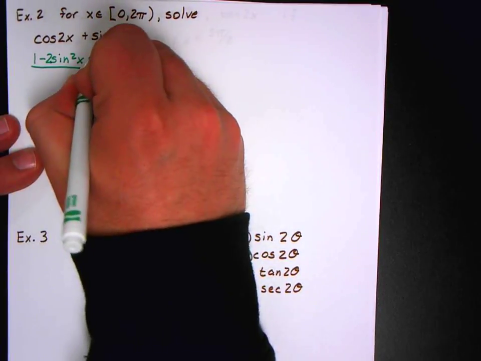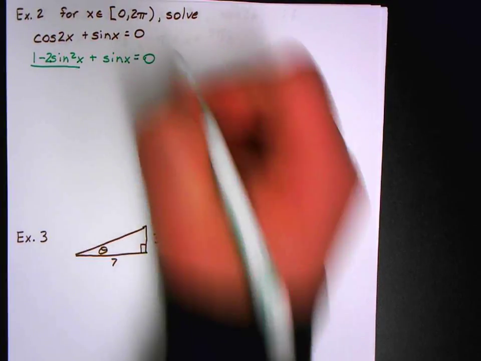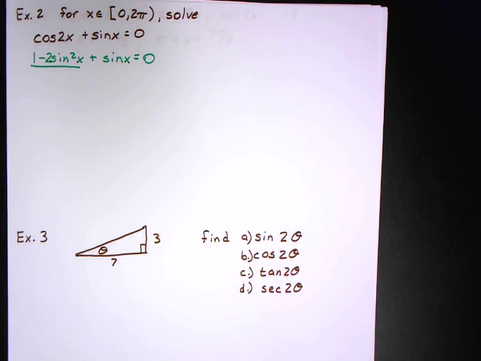Why do I want to use that one? Well, all 3 of them just have an x. I have cosine squared x minus sine squared x. I have 2 cosine squared x minus 1. I have 1 minus 2 sine squared x. Why would I pick that one?